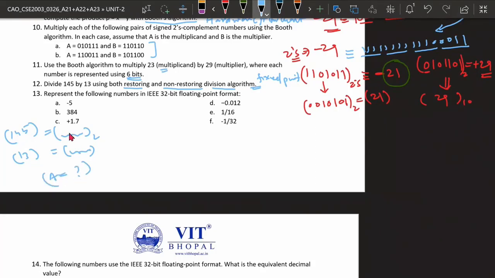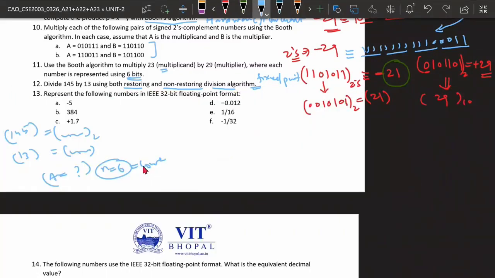So you need to identify how many bits are there in 145, and then make 13 the same, and the accumulator content will also have the same number of bits. The n value will be the count value, equal to the number of bits. Then just proceed through it, and you can get the answer.